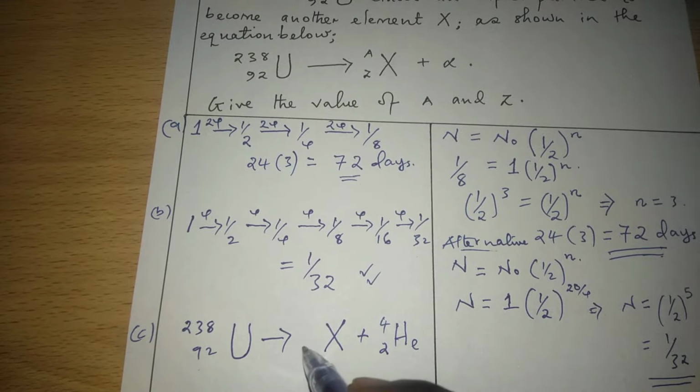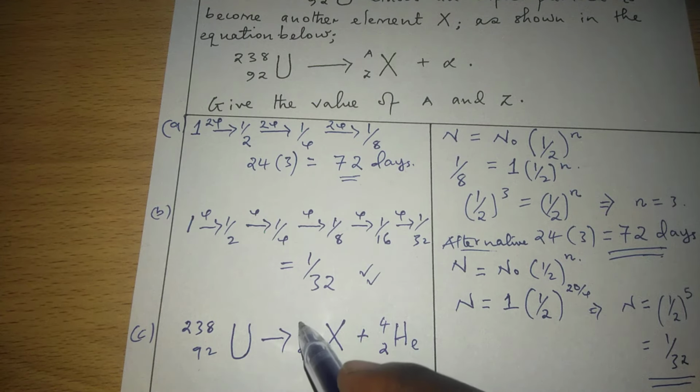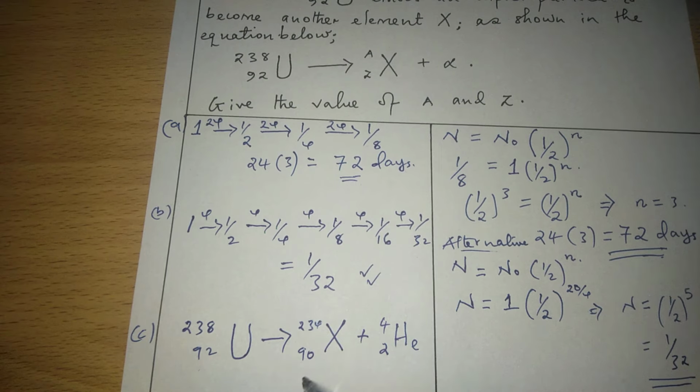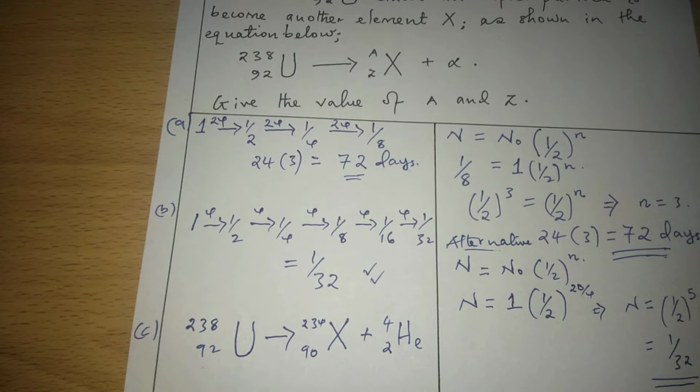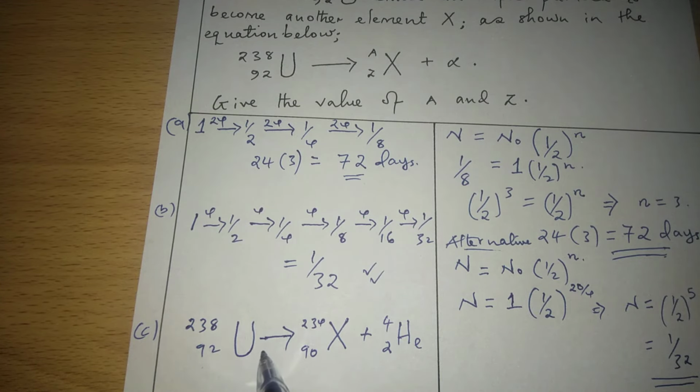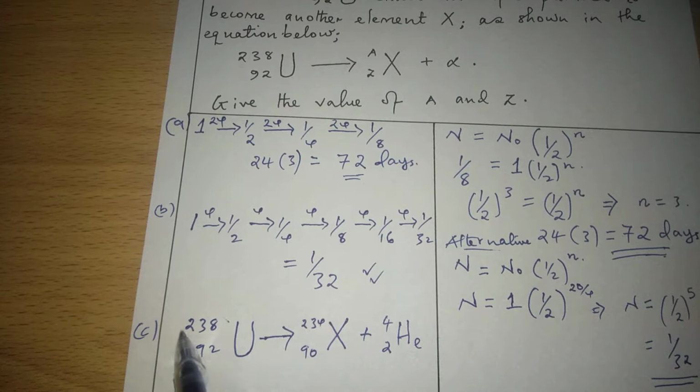So this one has become 90, and on the other side it becomes 234. On both sides of the nuclear equation, we should have the mass numbers totaling the same.